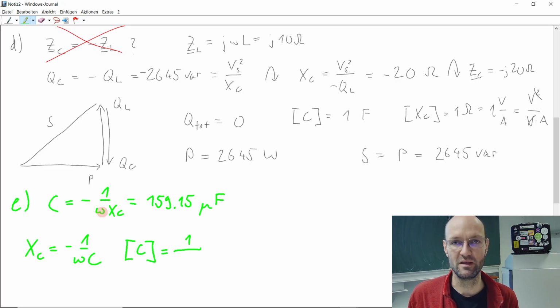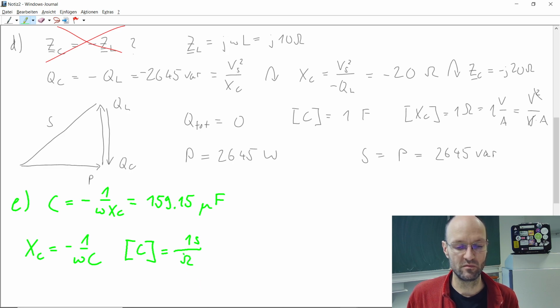The unit of omega is 1 over second, so I will add a second here on the top, and the unit of this reactance is ohm.